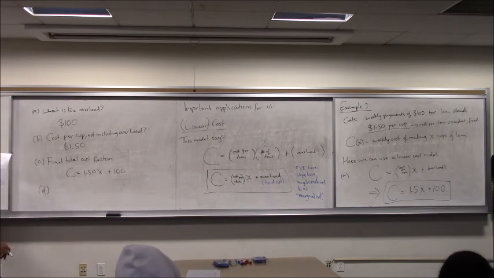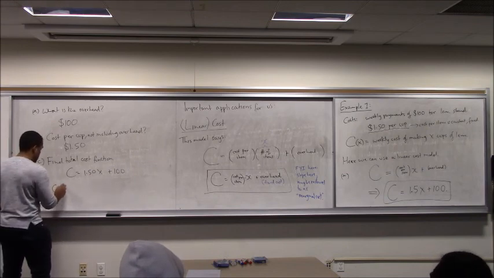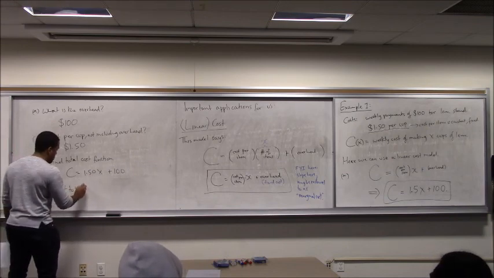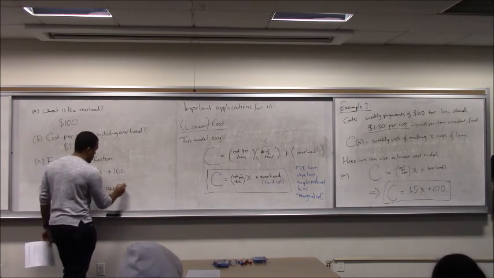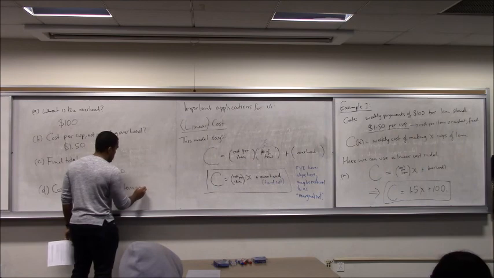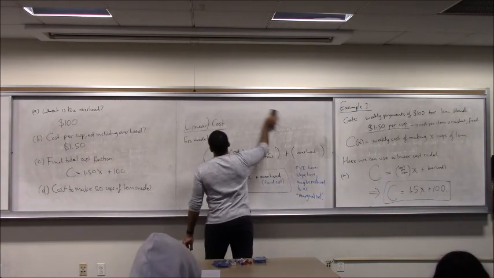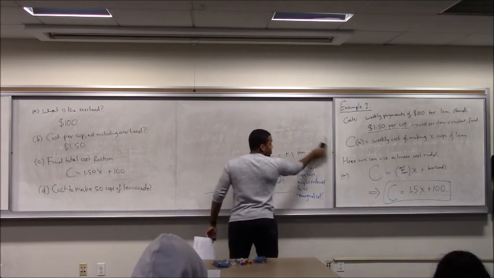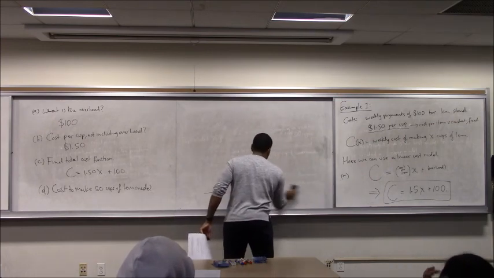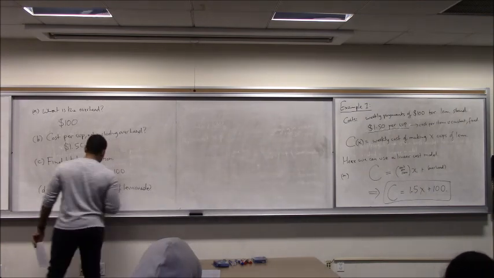How much does it cost Javon to make 50 cups of lemonade per week? How would you figure that out? Plug in 50 for x, right? So this says 50 cups of lemonade.